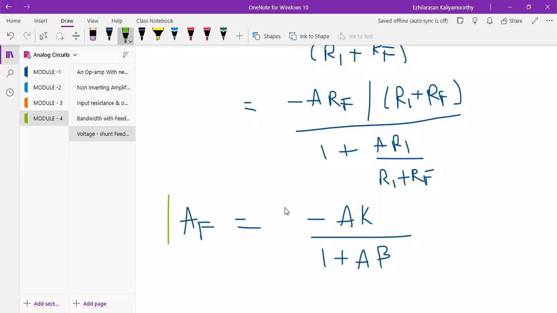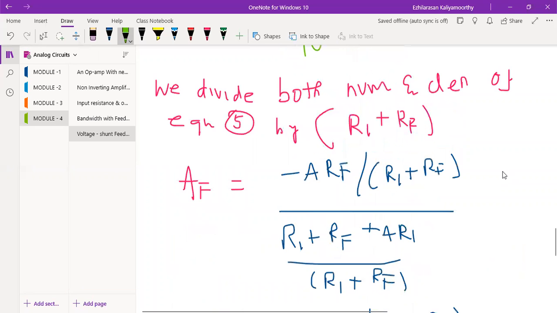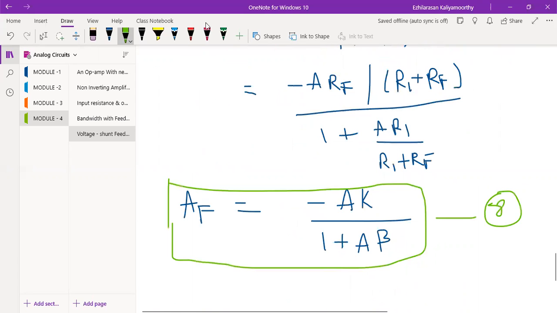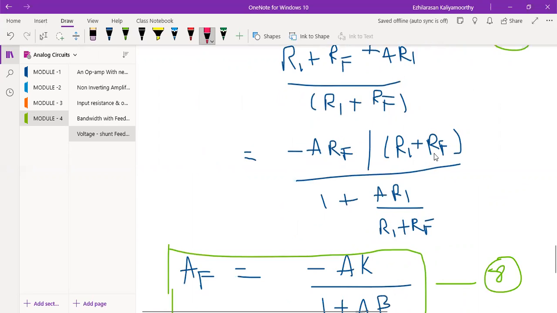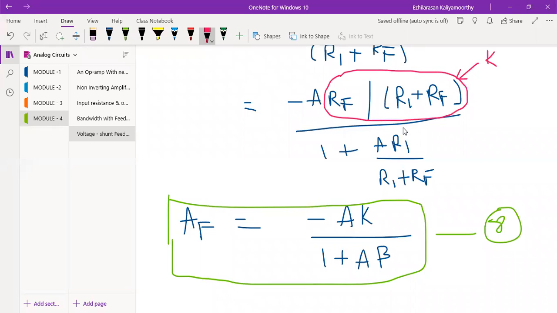See how I have written this expression; this is expression number 7. Now we see the K term, minus A into K, where K is nothing but this. This will be your K. Then the beta term.